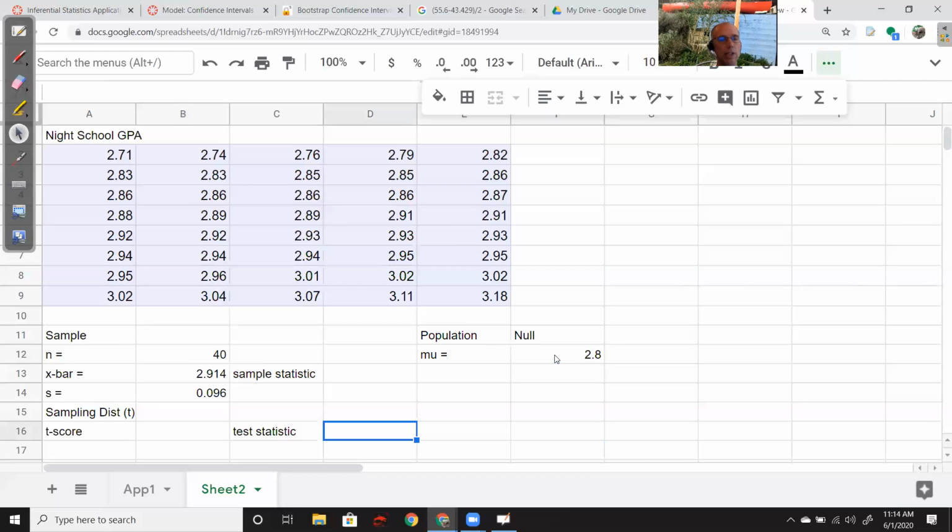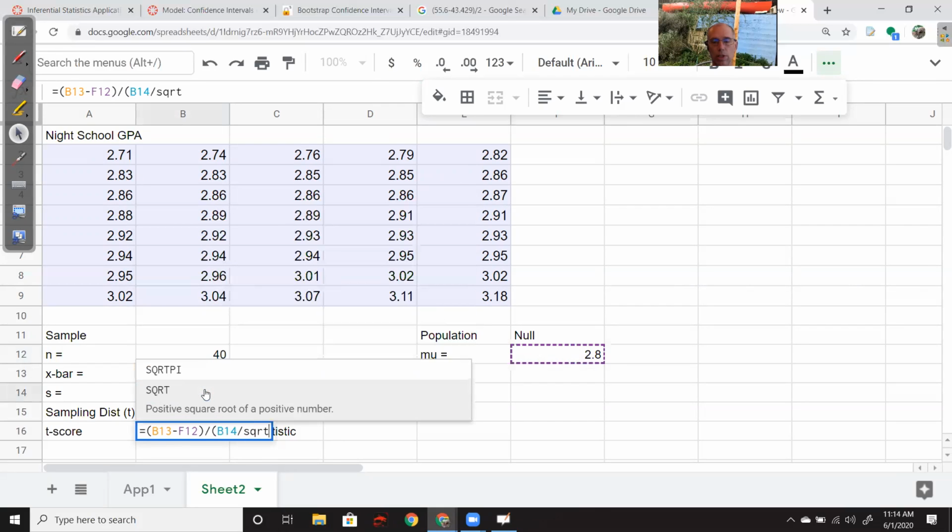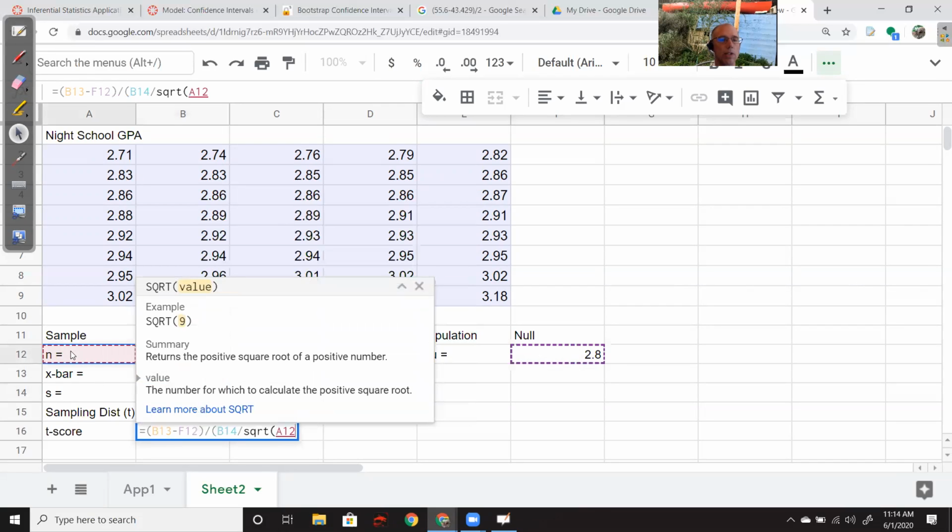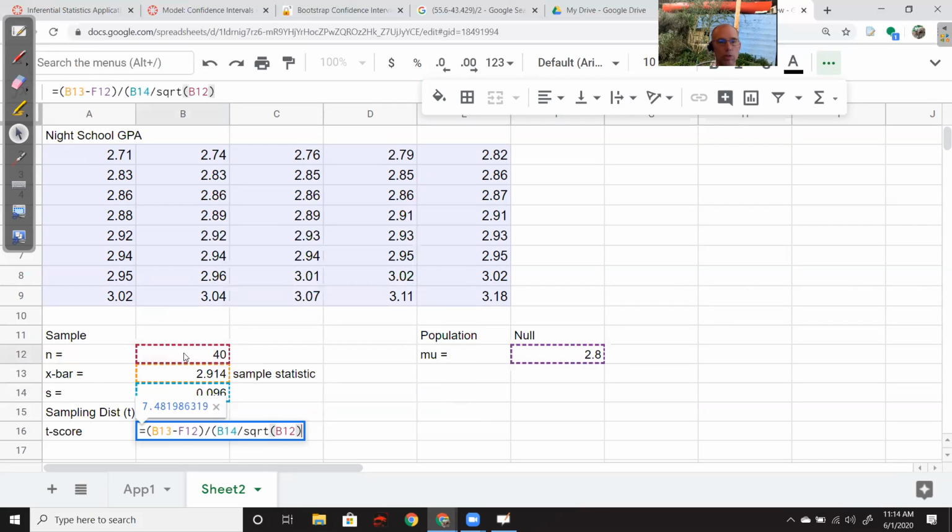Okay, so let's calculate that test statistic. I said use parentheses when you do this. So parentheses, take the sample mean minus the population mean, divide by another parentheses to get the standard error. That's going to be S over the SQRT of the sample size. Close the square root, close the denominator.